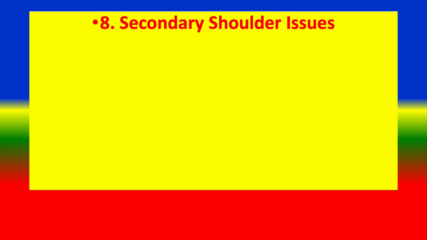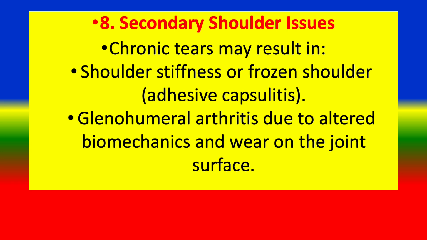Secondary shoulder issues. Chronic tears may result in shoulder stiffness or frozen shoulder, adhesive capsulitis, glenohumeral arthritis due to altered biomechanics and wear on the joint surface.